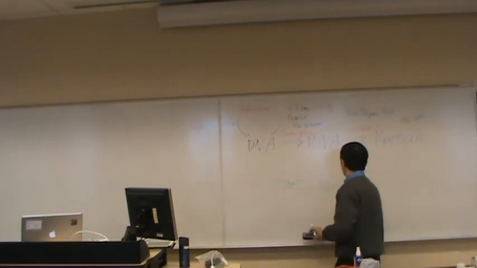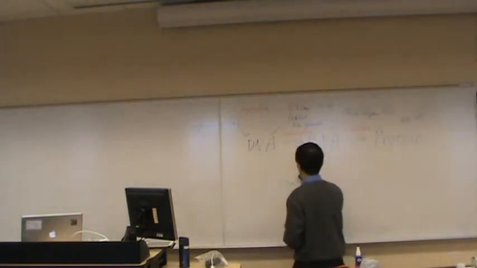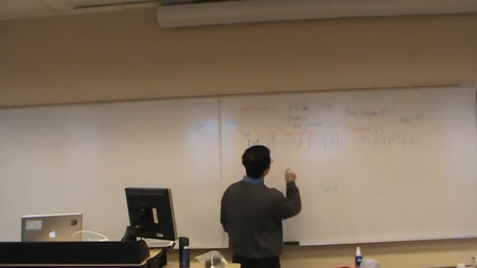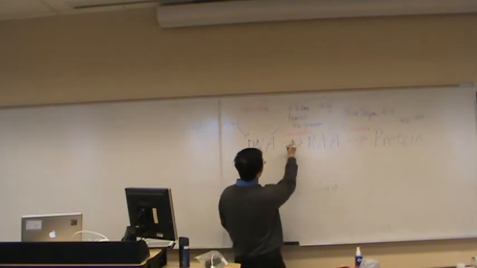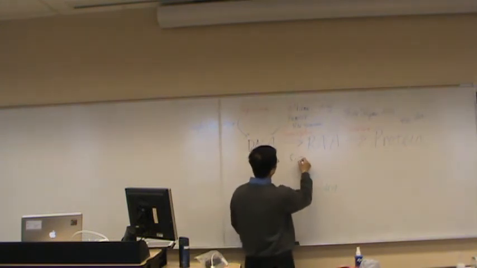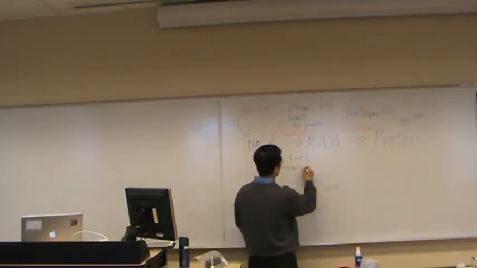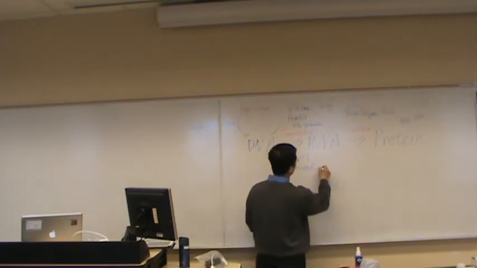And I guess the more complicated part is the elongation process. So for transcription to occur it goes 5' to 3', and there's also a proofreading part.